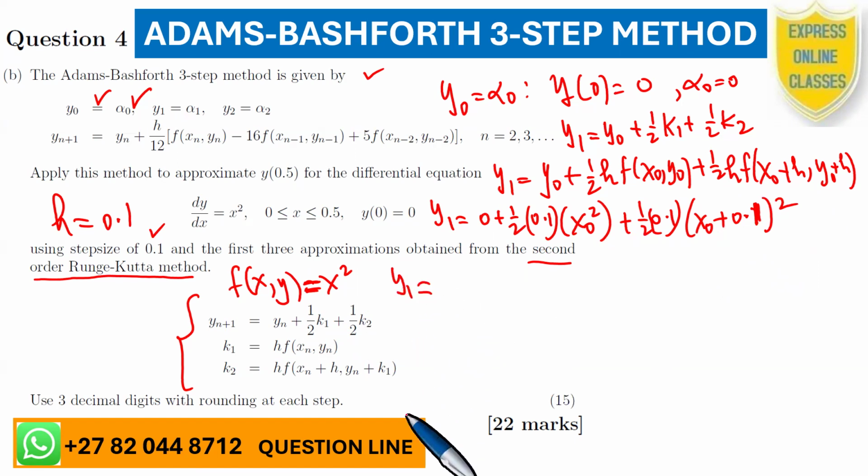Meaning y1 is the following. So let us continue with our simplification of the second order Runge-Kutta method.